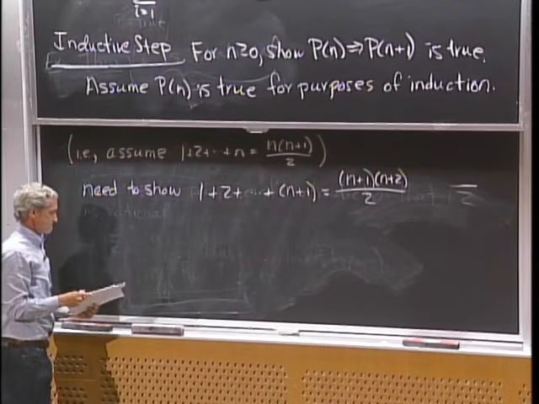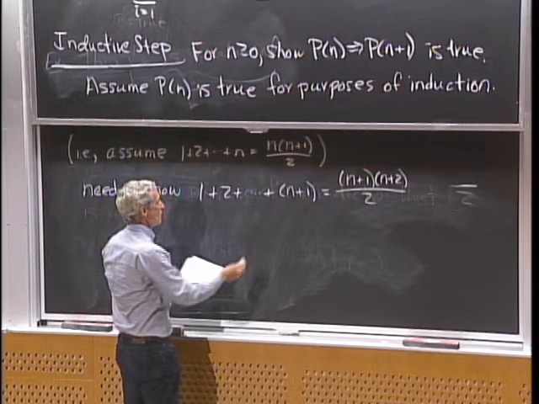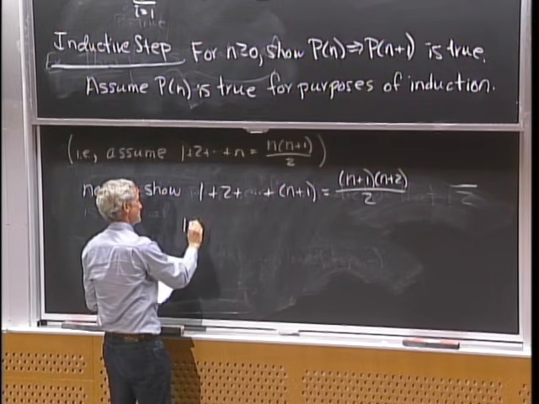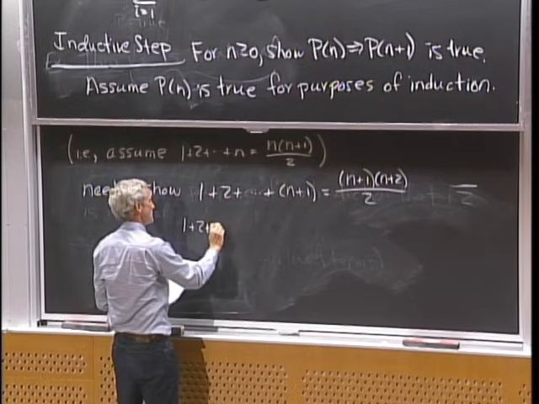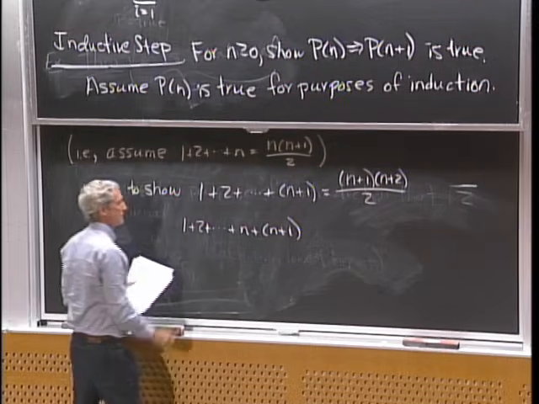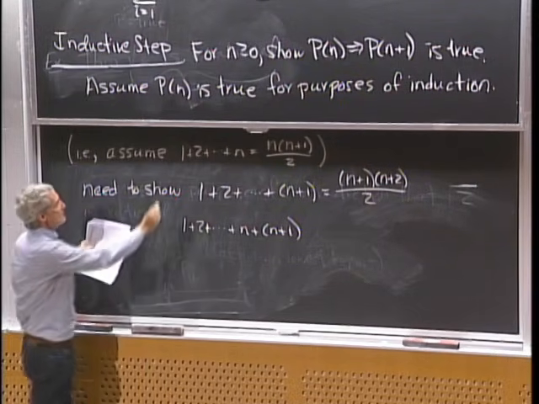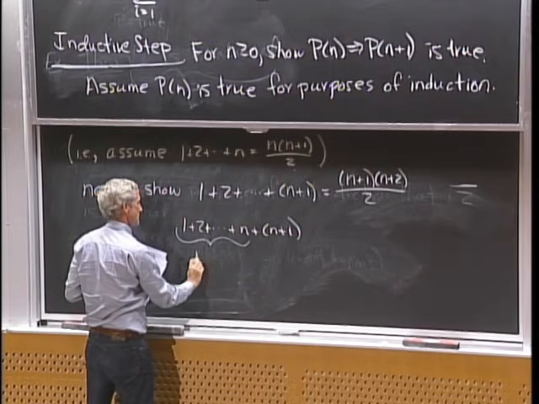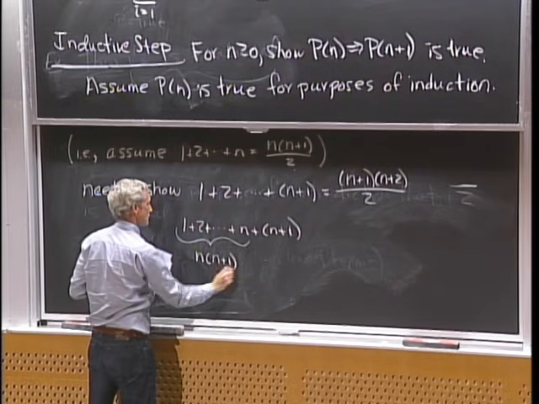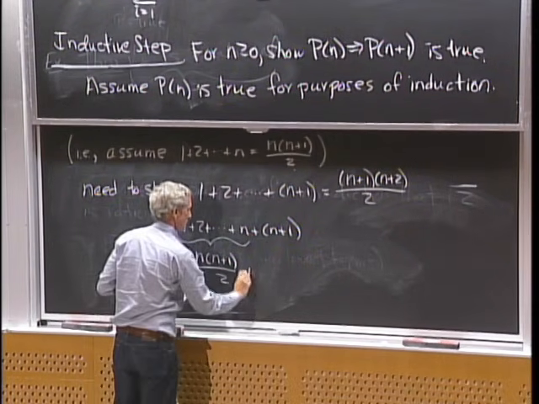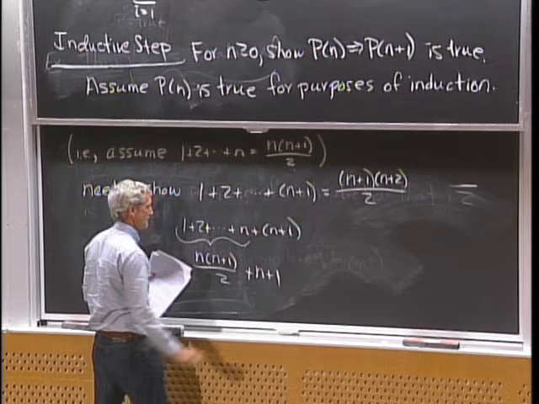All right. Well, let's rewrite this as 1 plus 2 plus up to n, plus n plus 1. Because I've assumed Pn, I can rewrite this as n times n plus 1 over 2, and now plus n plus 1 out here.